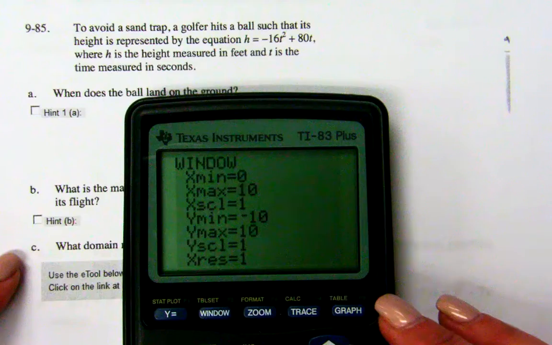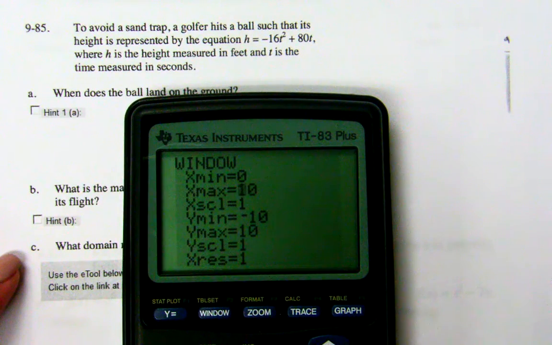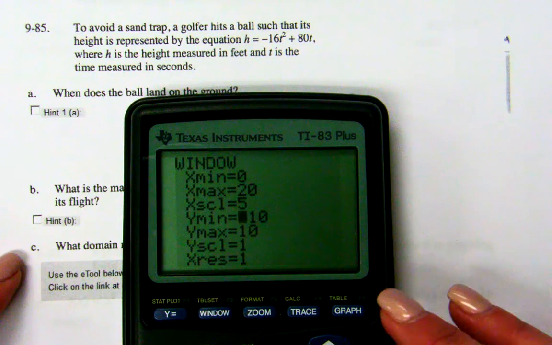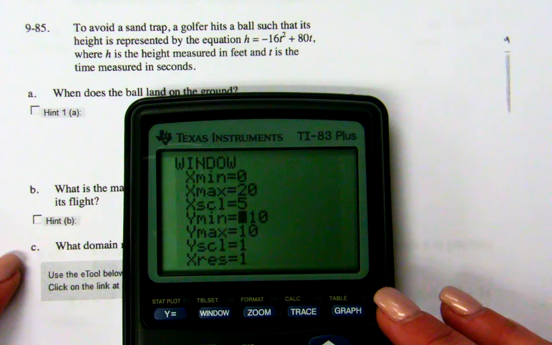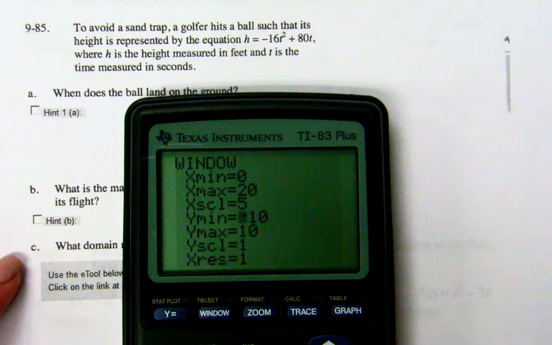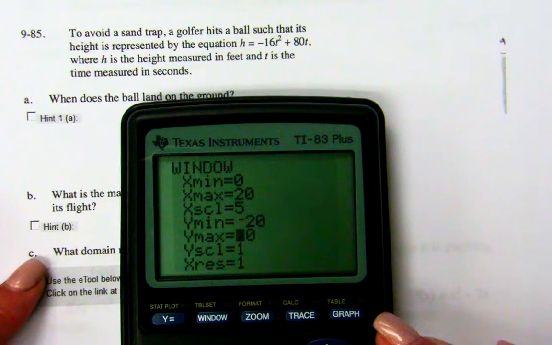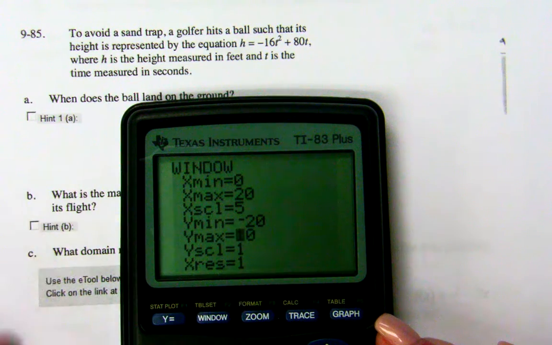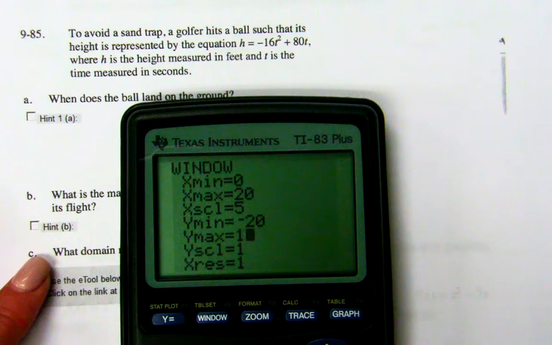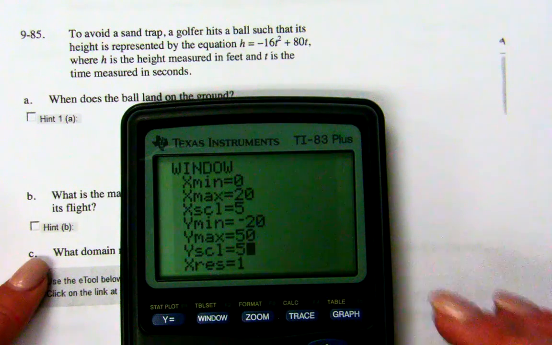And x max at, let's go with 20. And then we can scale it by 5. And then we can do, I don't know, negative 20. And y max at, I think this is going to go pretty high. I don't know, so let's try 50. And then y scale by 5.